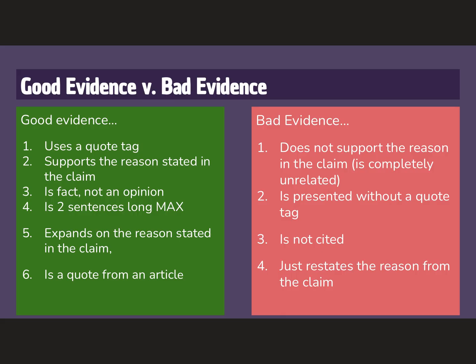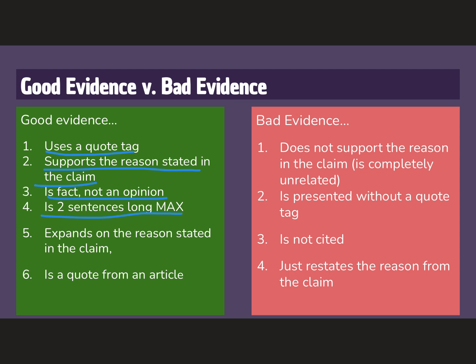Now, there are good examples of evidence and there are bad examples of evidence. To ensure you've got a good piece of evidence, you will use a quote tag, so those things we just went over. You will ensure that it supports the reasons stated in the claim, so your evidence and your claim need to match. It needs to be a fact, not an opinion. Your evidence should be about 2 sentences or max, just because you don't want somebody writing for you.